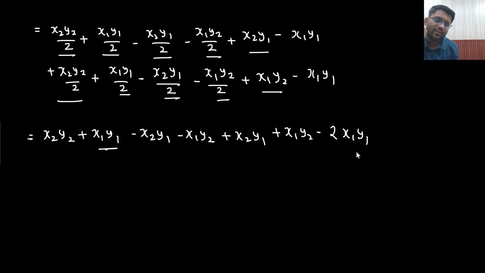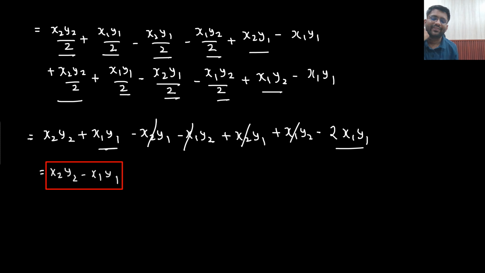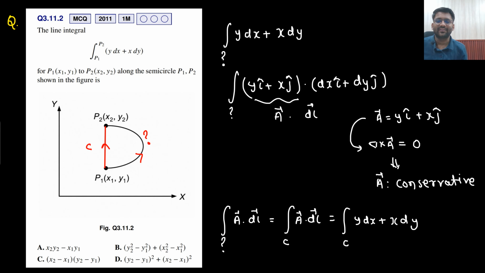So we get x2 y2 minus x1 y1. There you go. This is the answer that we are getting after a lot of hard work: x2 y2 minus x1 y1.